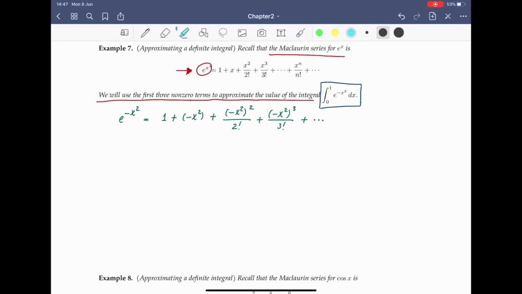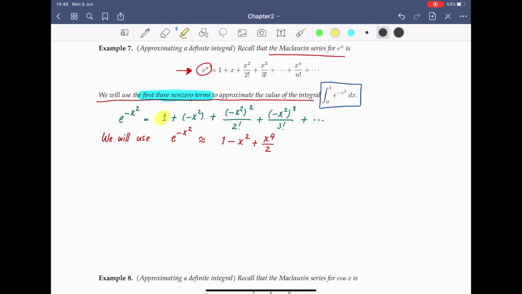And the question says, let's use only the first 3 non-zero terms to approximate this. So e to the negative x squared is approximated by 1 minus x squared plus x to the 4th power over 2, right? Because we cut only the first 3 terms.